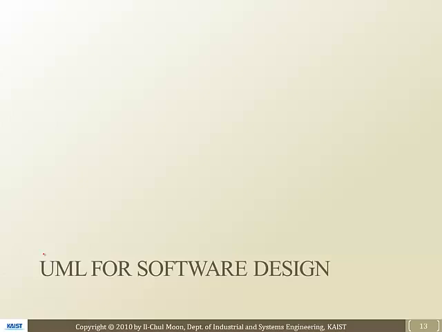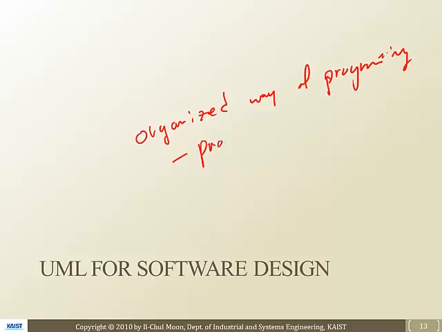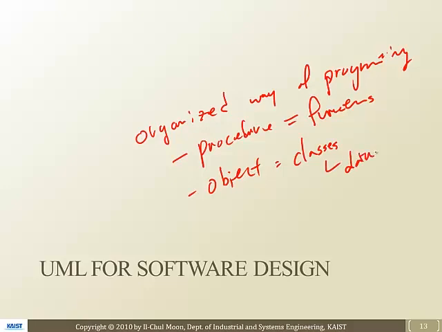In part 1 of this week, I explained why we need some kind of organized way of programming. There were two types: the procedure-oriented one, and another called object-oriented. This is creating a bunch of functions, and this is creating classes, with data associated for a certain purpose, and also functions.